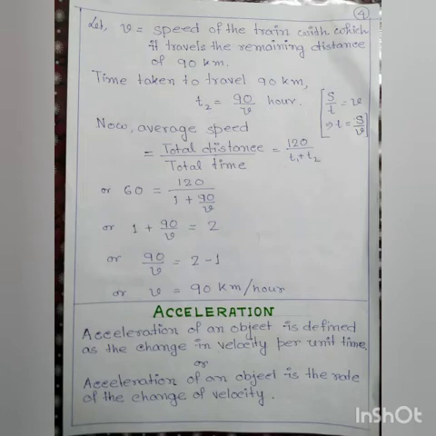So we will substitute these values in our relation, and the average speed of the train given in the numerical is 60 kilometers per hour. So we will substitute all the values and we will get the speed of the train for the remaining path is 90 kilometers per hour. Clear?